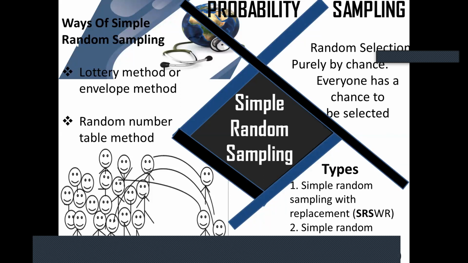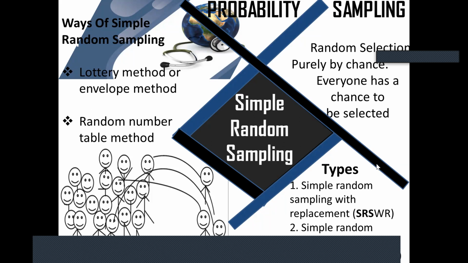So we also have the random number table method. It usually works when the population is so huge, so you create random numbers from which you pick the numbers of those that will participate in the study. So we also have now the types.